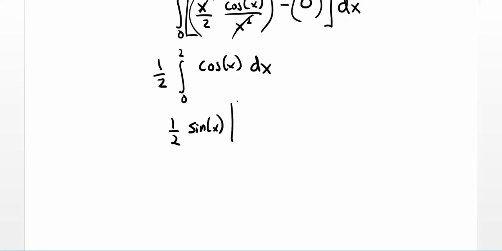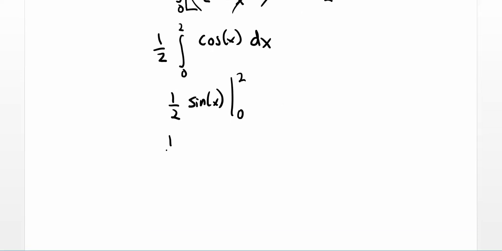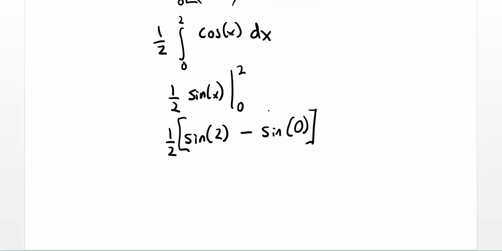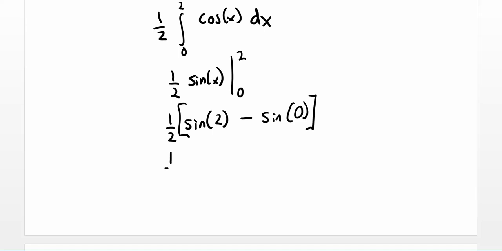And evaluating that from 0 to 2, and then plugging in, we have 1/2 sine of 2 minus sine 0. Sine of 0 is 0, sine of 2, well, that's not a unit circle value, so we will just leave that as sine of 2. And this is our answer.